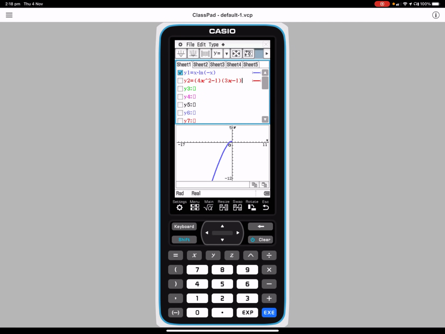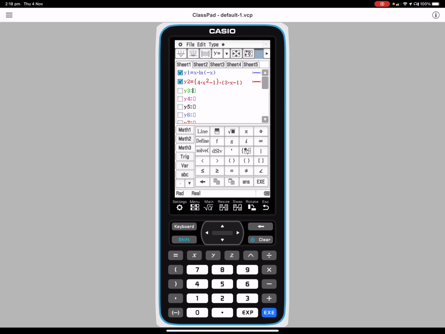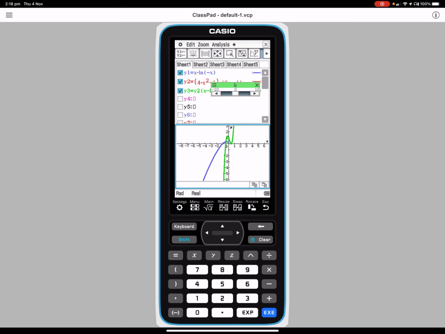Zoom in. Okay, the maximum number of, we know that we can say y3 is y2 of x minus k, and we know that k can only move it left and right.